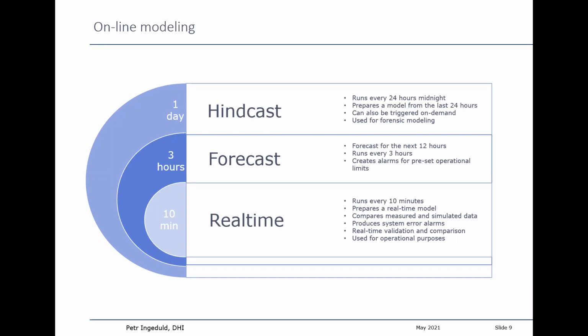And then we provide for hindcast modeling or forensic modeling, which typically runs on request. And in this mode, the digital twin will be developed for a certain past period. For instance, what happened yesterday at 8 o'clock in the morning, or to simulate Wednesday from last week, etc.